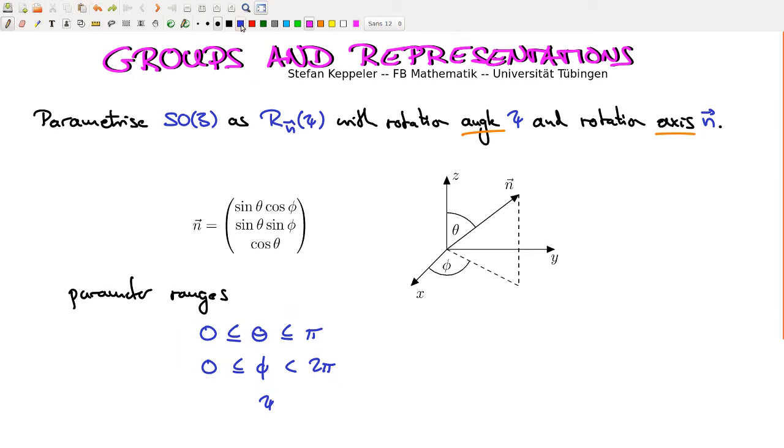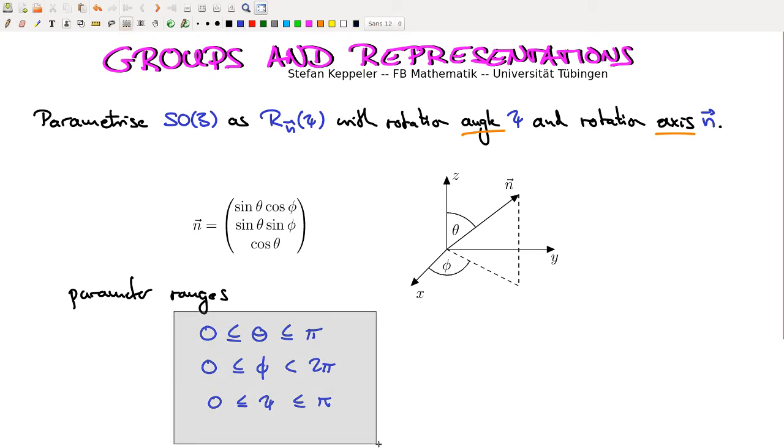But if we only have rotations from 0 to π, actually less than or equal to, we need the last one here for the moment, then we have all rotations, but then we still have some redundancies.